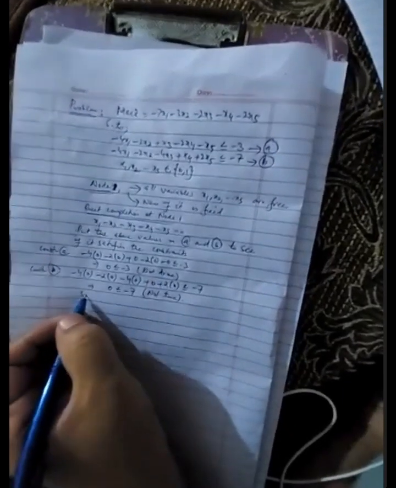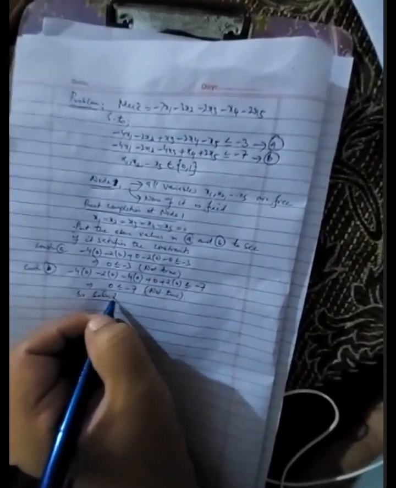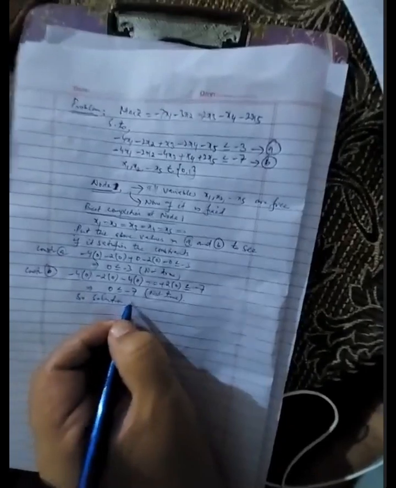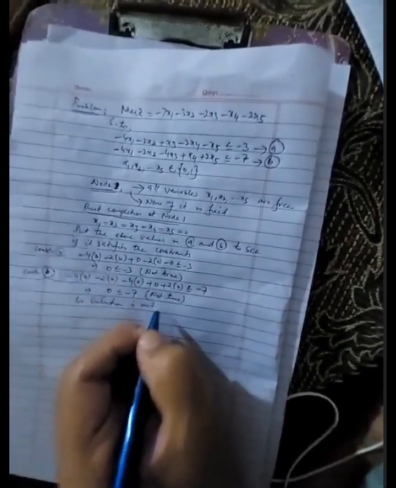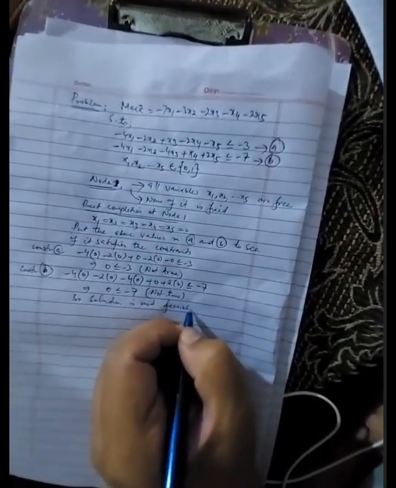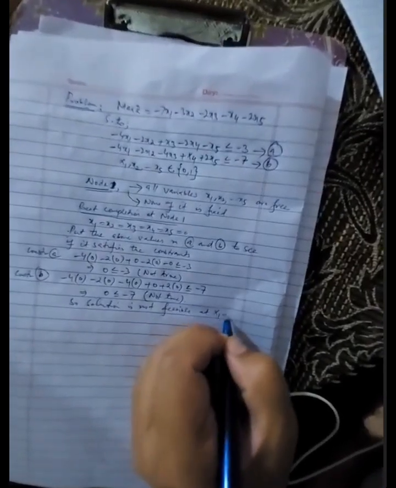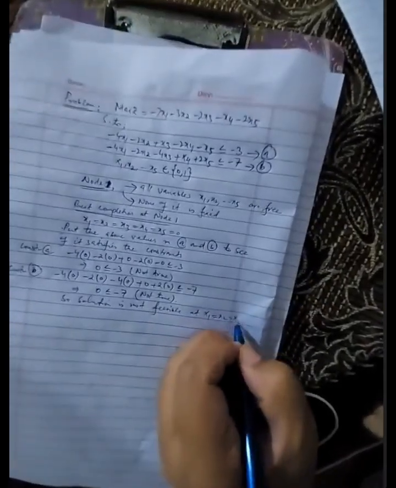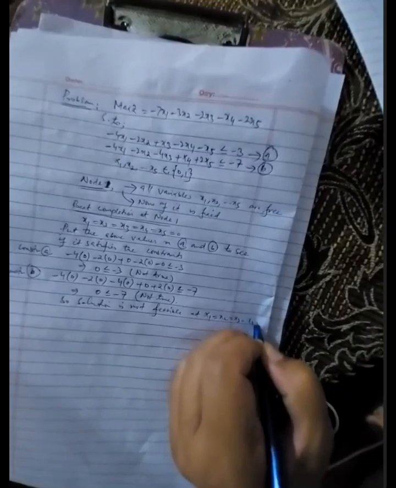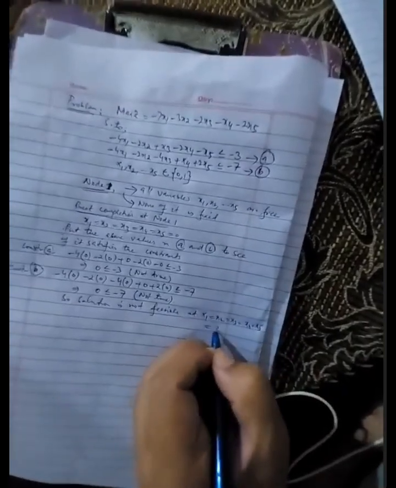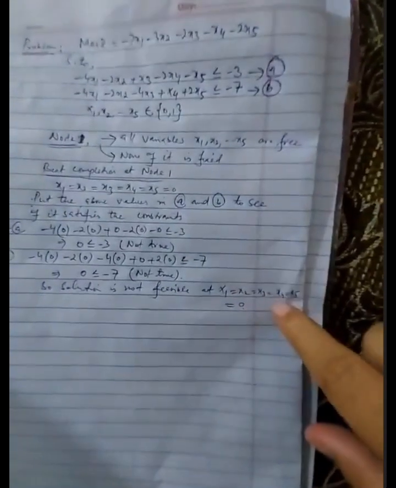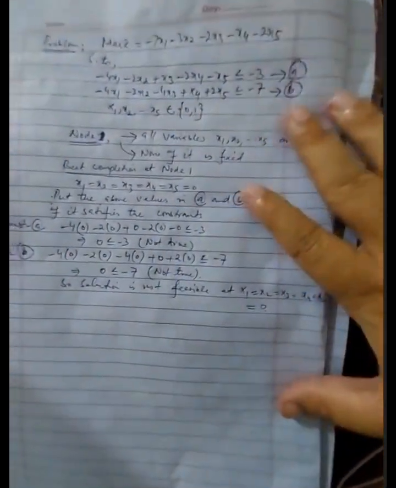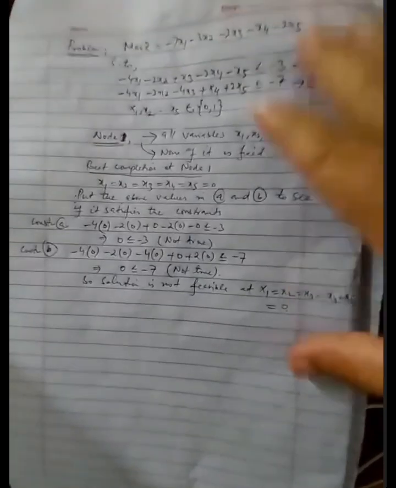Okay, so the solution is not feasible at x1 is equal to x2 is equal to x3 is equal to x4 is equal to x5 is equal to 0. So at these initial values that we got over here, the solution is actually not feasible.